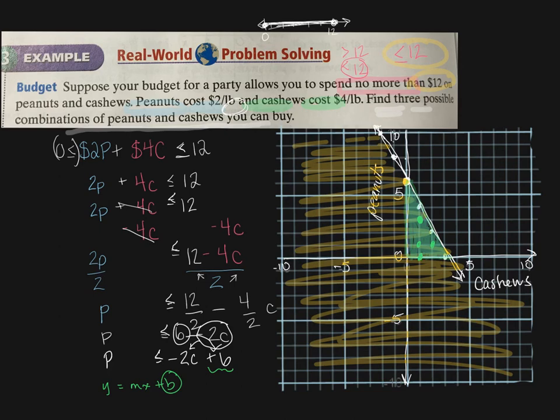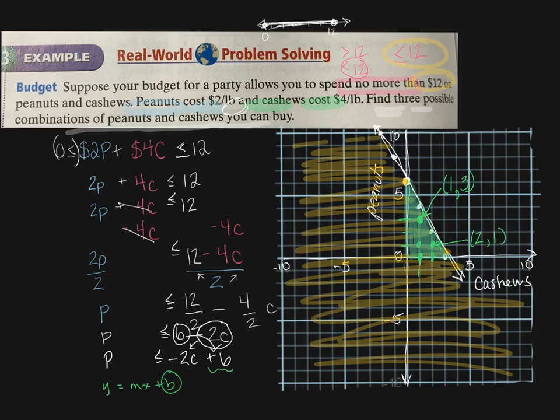So if I picked this guy right here, how many cashews? Well, that's at 1. So it's 1 cashews, and how many peanuts? 1, 2, 3. Okay, what if I picked this guy right here? What's that combo? Well, it's 2 cashews and 1 bag of peanuts.